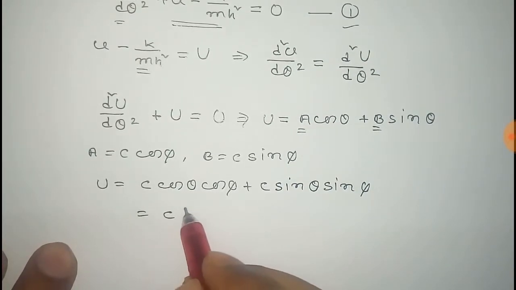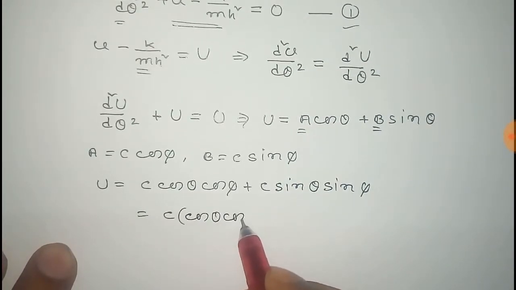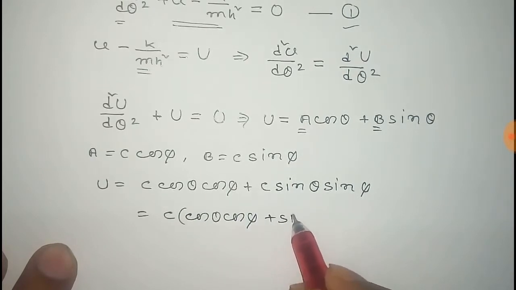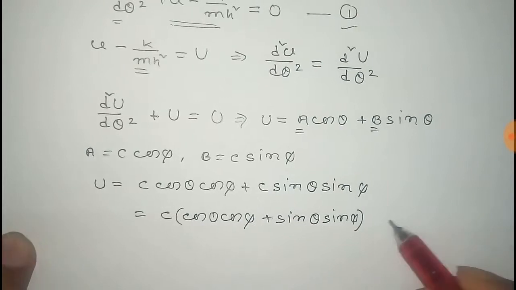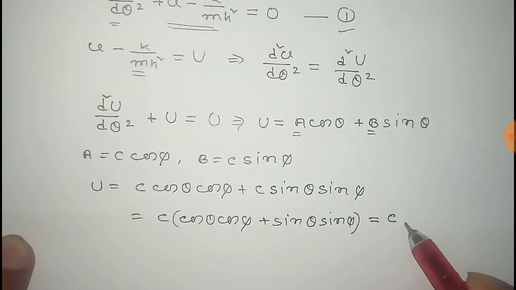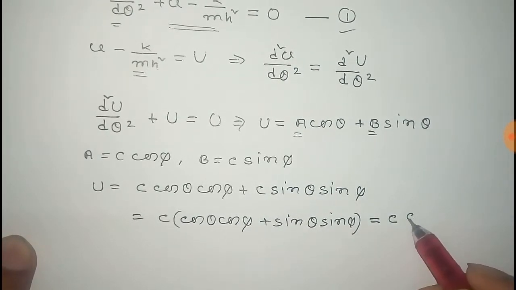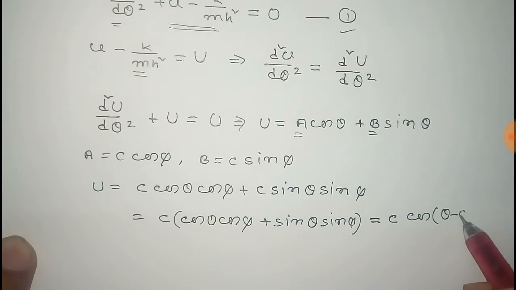That equals, taking c common, c times cos theta cos phi plus sin theta sin phi, and this can be written as c cosine of theta minus phi.